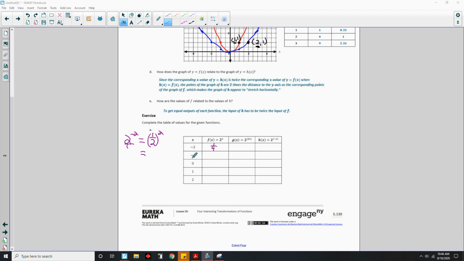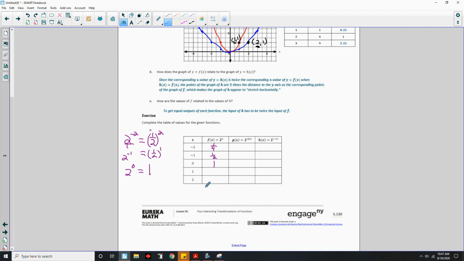Okay, so then if I did the same here, -1, you might want to do this on the side and write it out. So -1 is our power, not our base. So it's 2 to the -1, which is 1/2 to the 1, which is 1/2. Okay, 2 to the 0 equals 1.